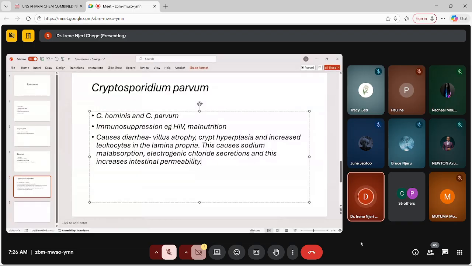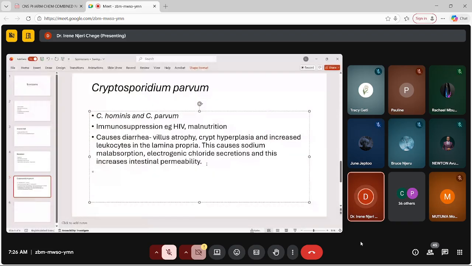So this is what these protozoans do. I wouldn't say they are minor, but compared to malaria, which we're about to cover, and Toxoplasma gondii, they are, and you see they can be opportunistic infections.